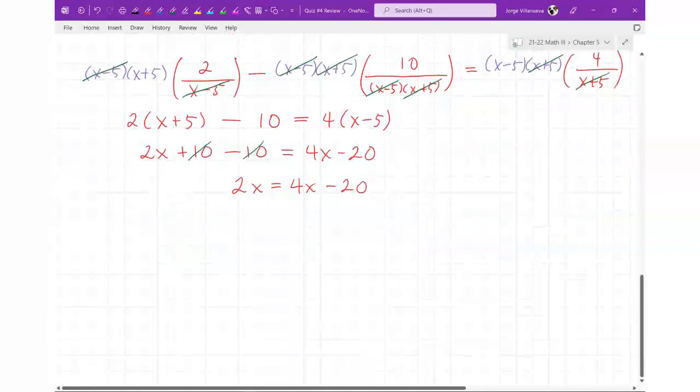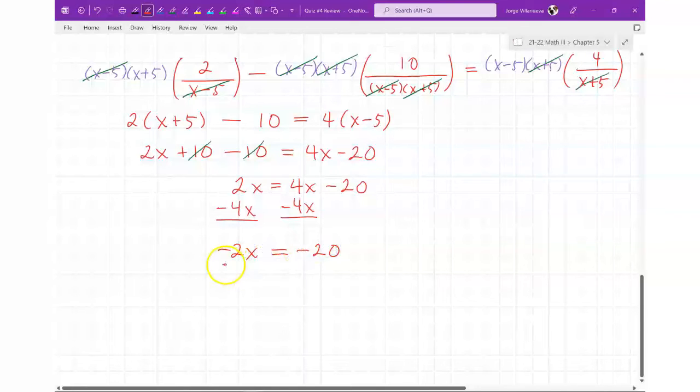Normally, I would move the 2x to the right, but since I already have the negative 20 there, I'm just going to move the 4x to the left, okay? I usually like moving the smaller variable, but in our case, it's not that big a deal. Negative 2x equals negative 20. And if I divide both sides by negative 2, I get x equals 10.